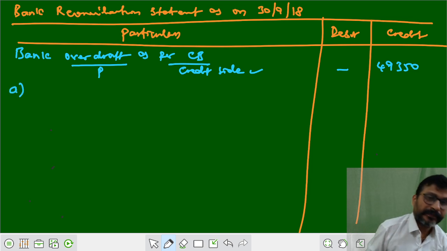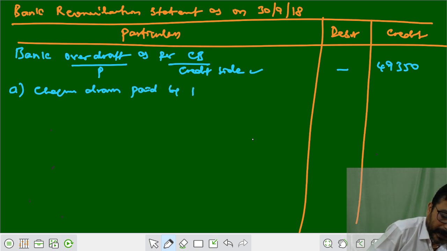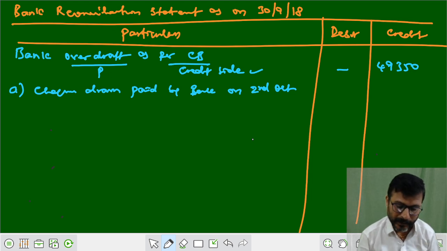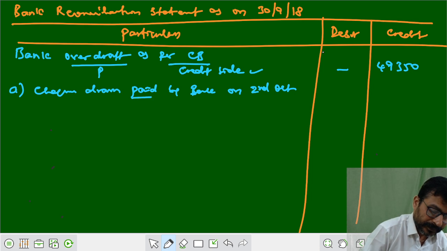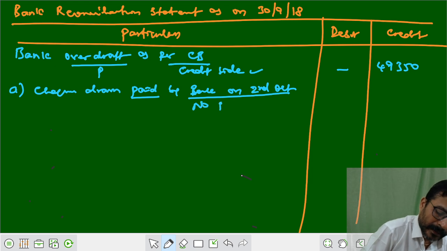A. That is, checks drawn, paid by bank on 2nd October. What does it mean?